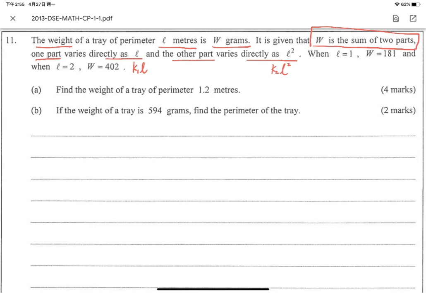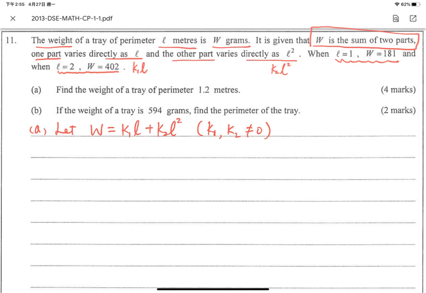Then you have 2 pieces of information. When L equal to 1, the weight W equal to 181, and the perimeter equal to 2, then the weight equal to 402. For part A, we need to let W be the two parts, K1L plus K2L squared, where K1, K2 not equal to 0, we need to state this.